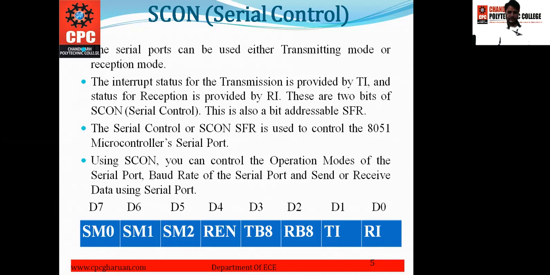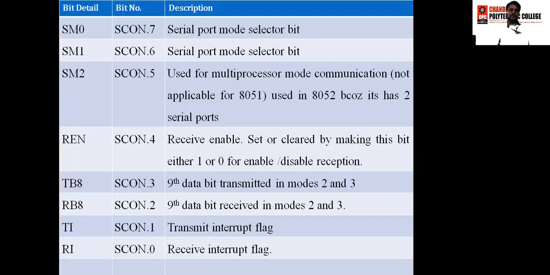We will discuss them one by one in the next slides. SM0, SM1 and SM2 are the serial port mode selector bits. Mode selector bit here means the mode in which the serial port has to operate.